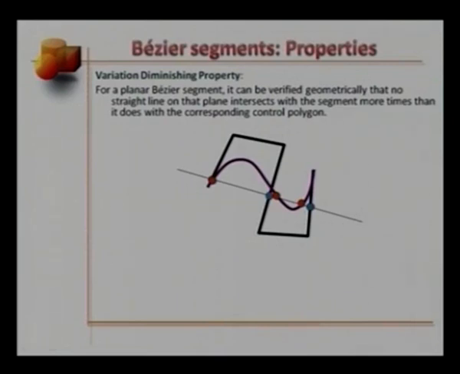This would physically mean that the shape of this Bezier segment will be no more complex than the shape of the control polyline itself. In other words, this control polyline roughly depicts or approximates the shape of the Bezier curve.